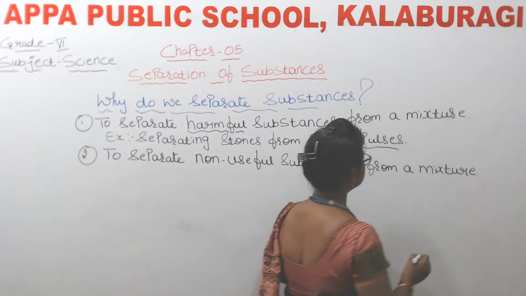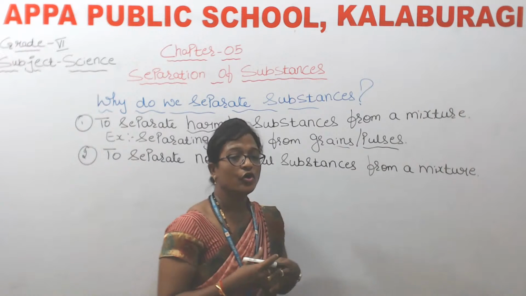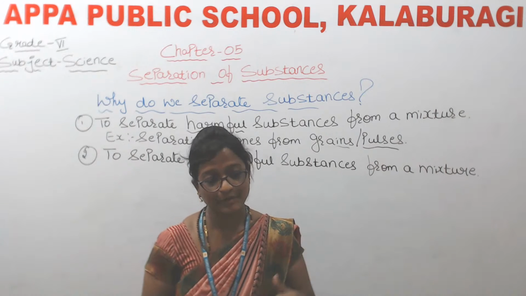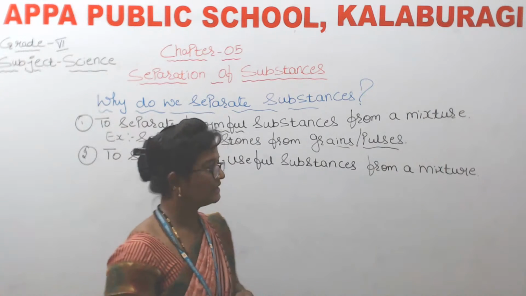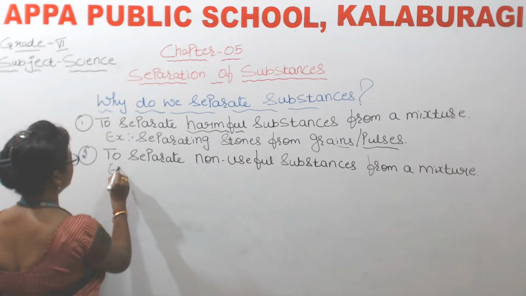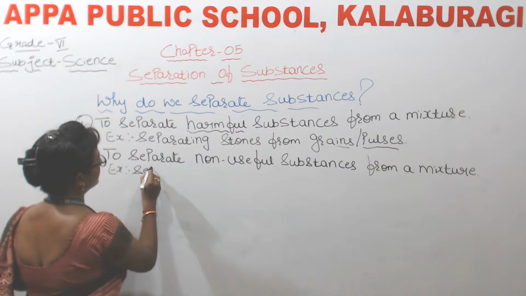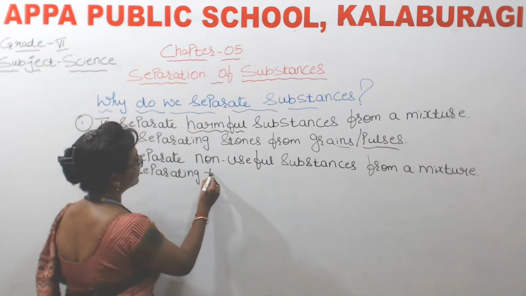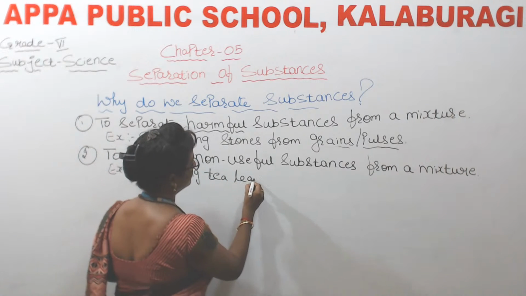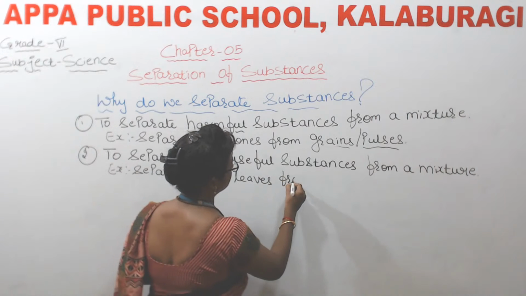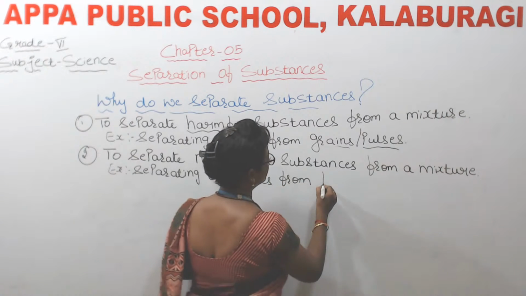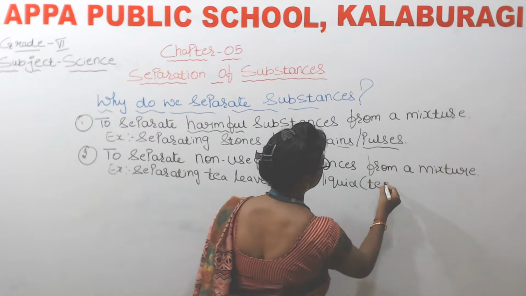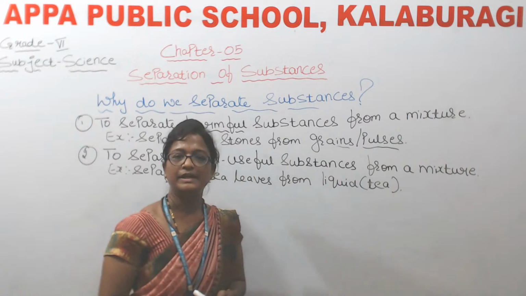Okay, so the second one is to separate non-useful substances from a mixture, and the example for this is separating tea leaves from liquid, that is tea.